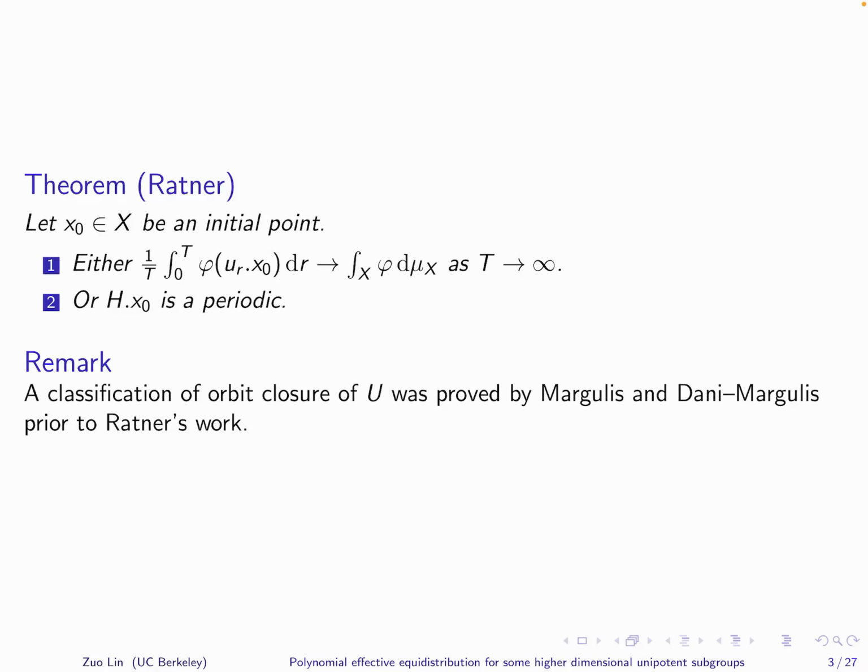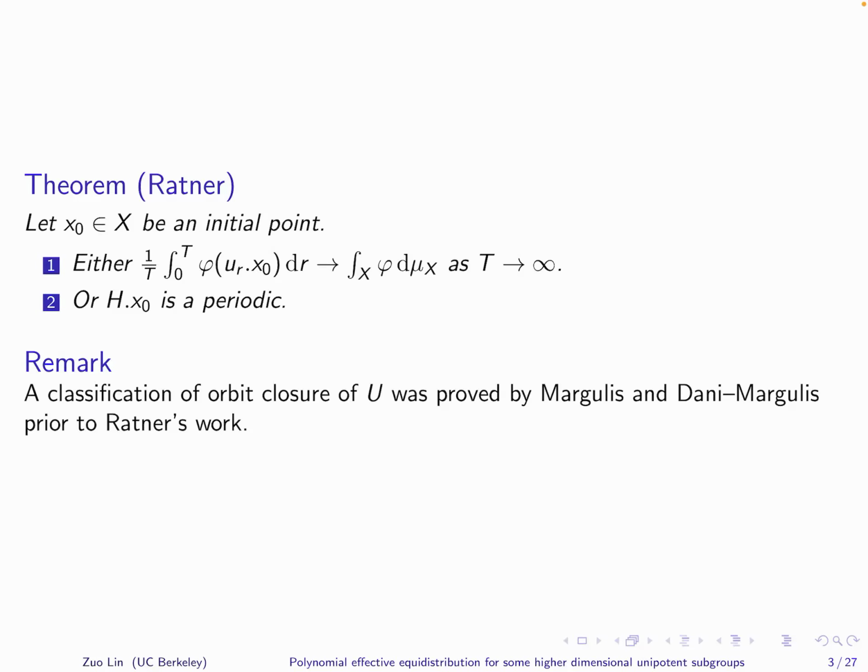So you look at the time average along the long unipotent orbit starting at this initial point x0; either it converges to the space average, or there is an obstruction: the H orbit of this initial point is periodic. So this unipotent orbit purely lies inside some lower dimensional algebraic subvariety. This is Ratner's theorem in this setting.